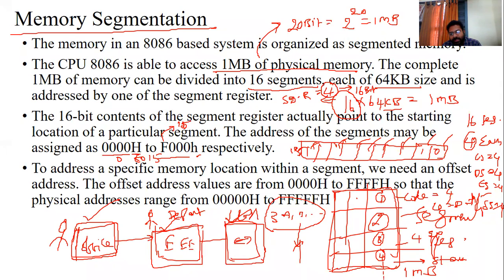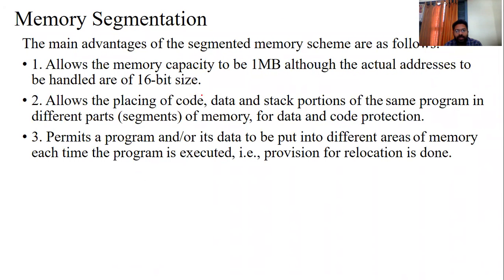So what is the memory size of the microprocessor? Each and every segment is 64 KB. The 1 MB memory is represented from 00000H to FFFFFH.